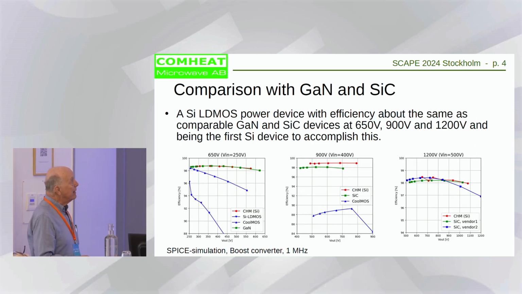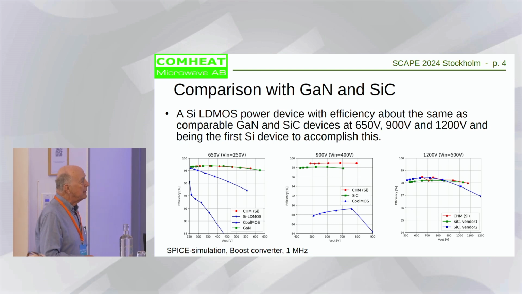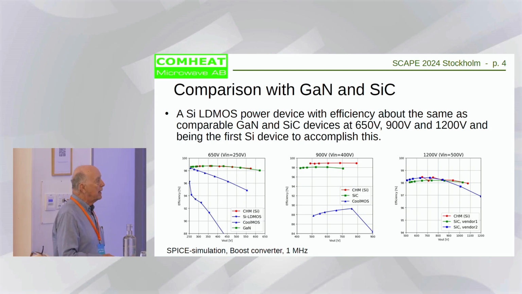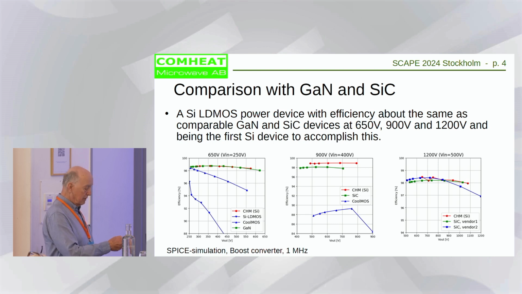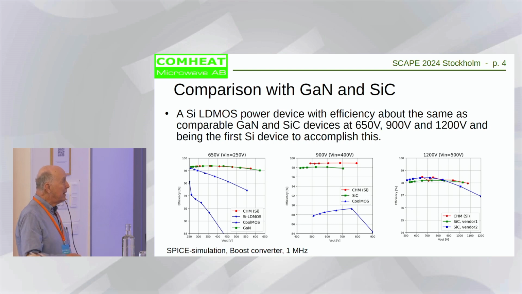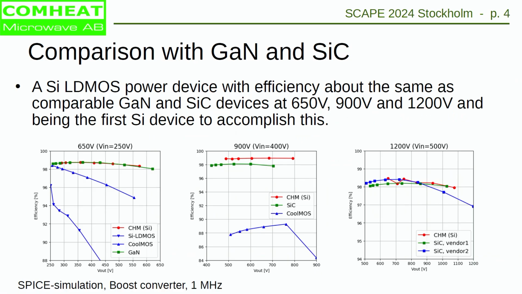Here we are comparing our LDMOS device with silicon carbide and gallium nitride. Anyway, on the first, you can see we make it from 650 volt up to 1200 volt, and it's about the same as GaN.